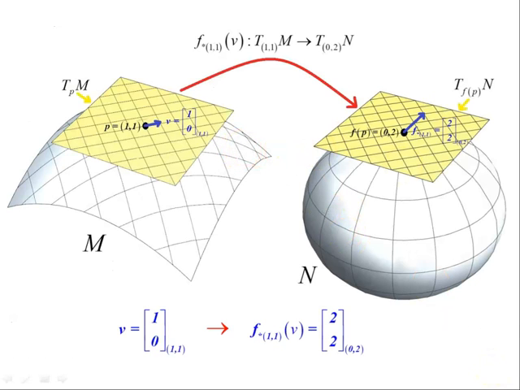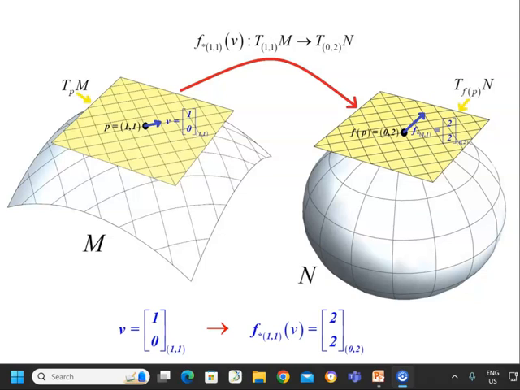All right, so here's a diagram representing what we've got. Here's our map f star at the point (1, 1) on M, a map from the tangent space to M at the point (1, 1) to the tangent space to the manifold N at the point (0, 2). So that's f of (1, 1) equals (0, 2).